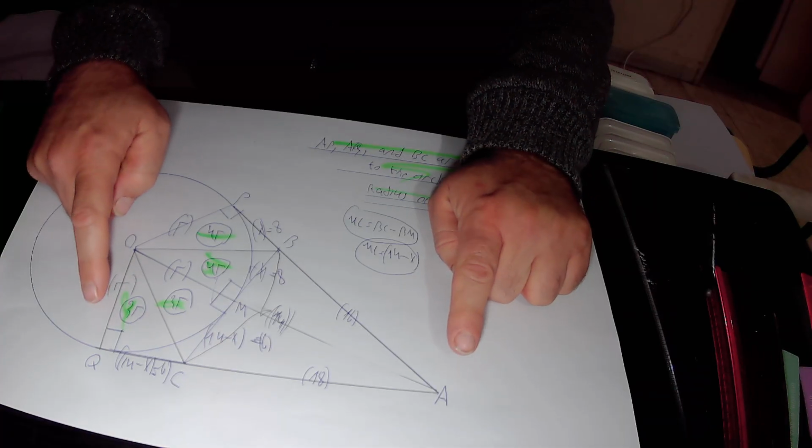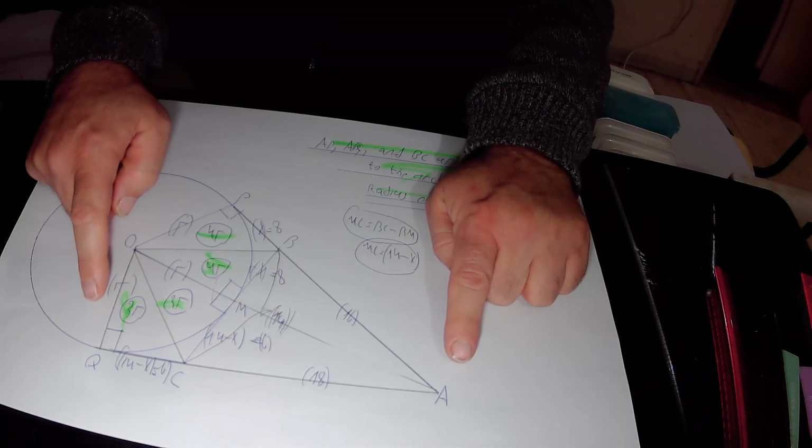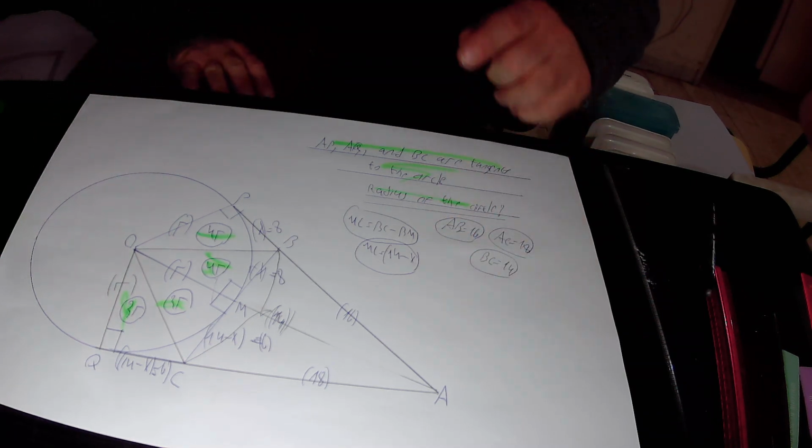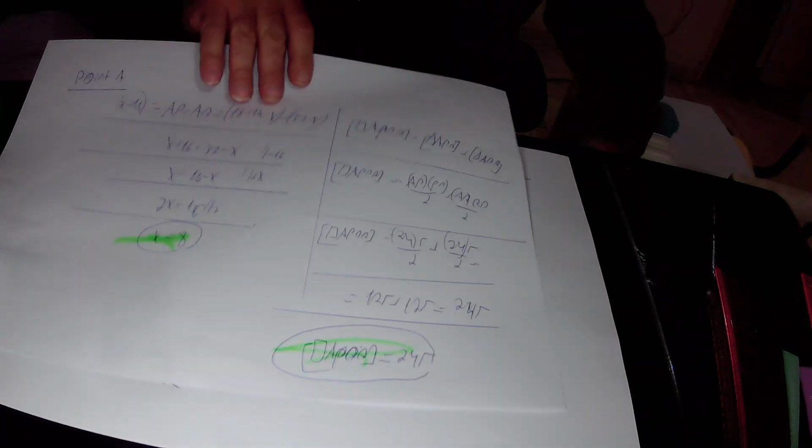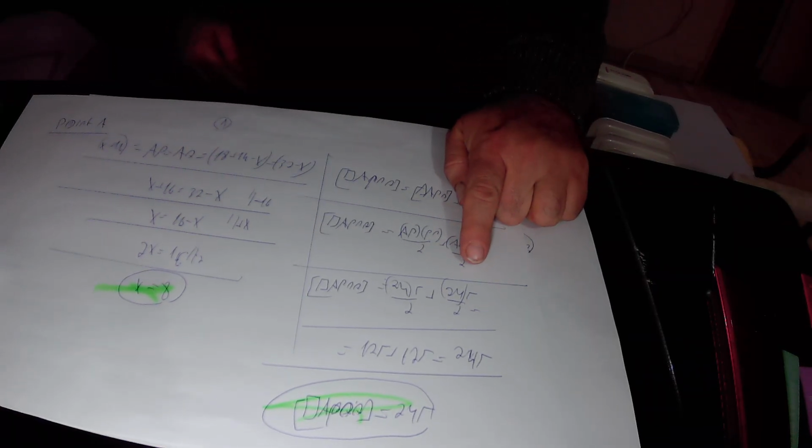So the second component is also 24 R over 2.